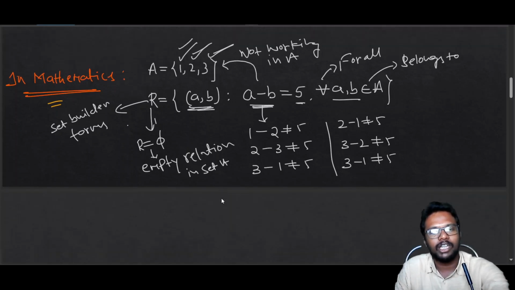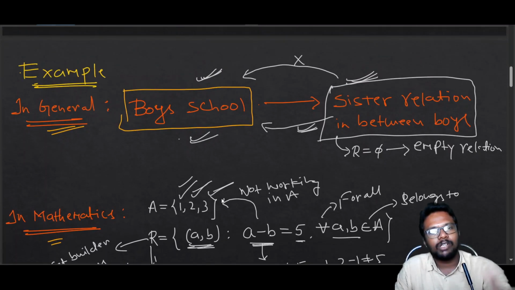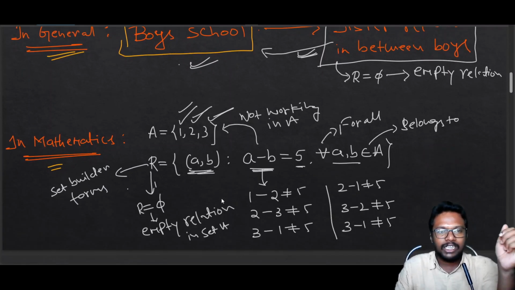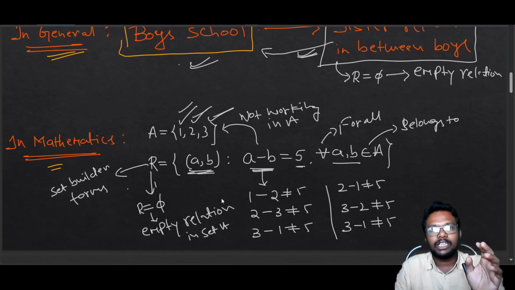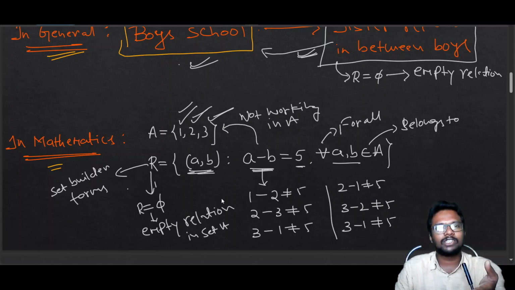In the general way we have studied, if you consider a boys school, then the sister relation is an empty relation. In mathematics, if we consider a set A = {1, 2, 3} and the relation a minus b equals 5, it is also an empty relation because there are no elements which satisfy this condition.